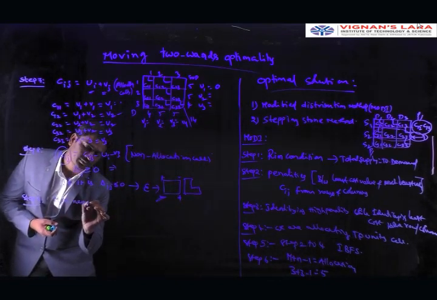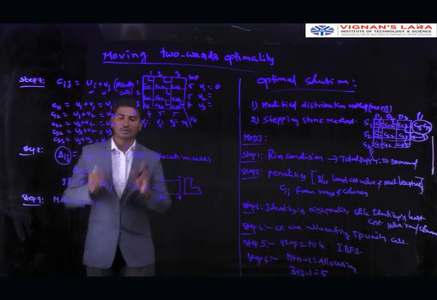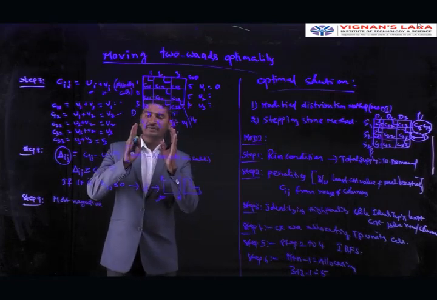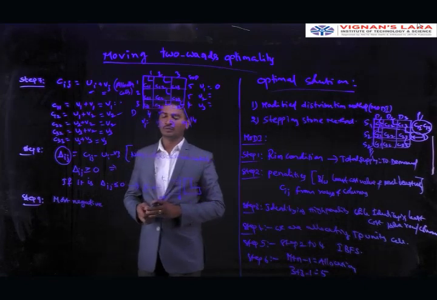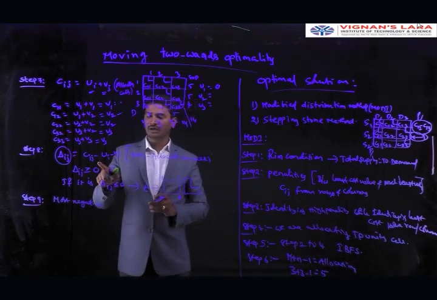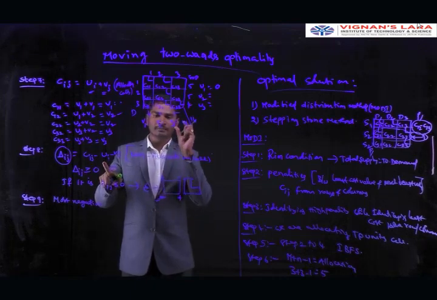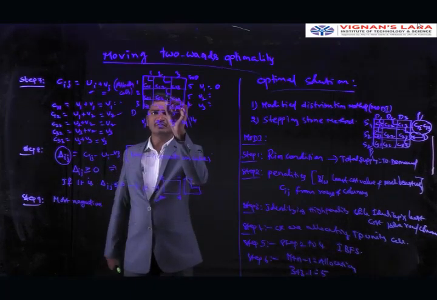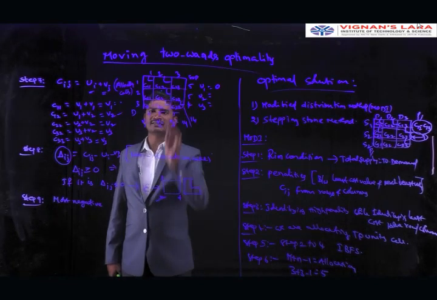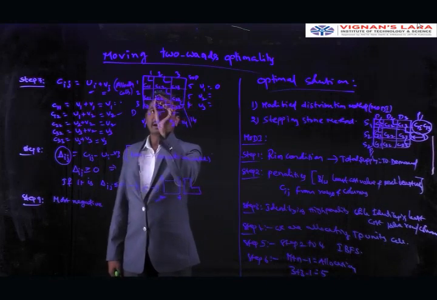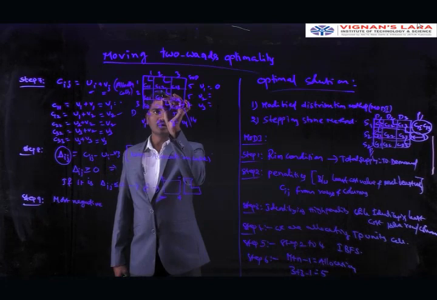After identifying the most negative value, we are going to identify the particular cell where we have the highest negative value. If suppose here we have the negative value at C22 place, we are going to take this as the starting cell for the loop, and here we are adding the negative sign. After this we are going to draw the loop based on this.